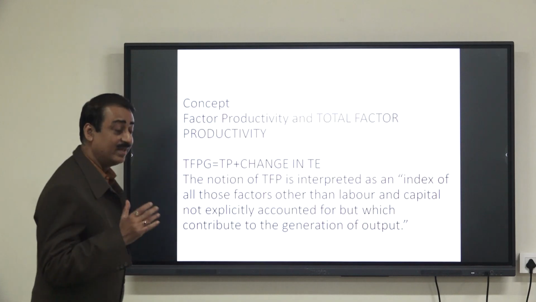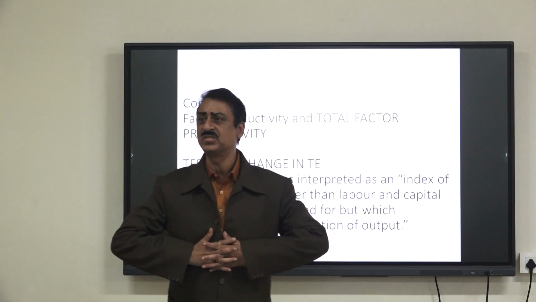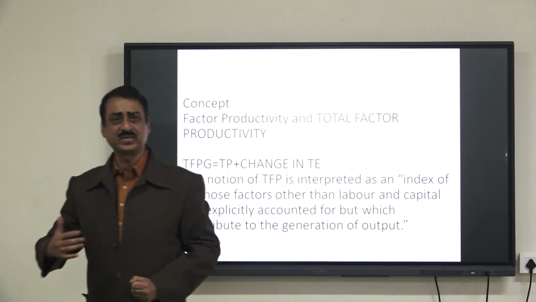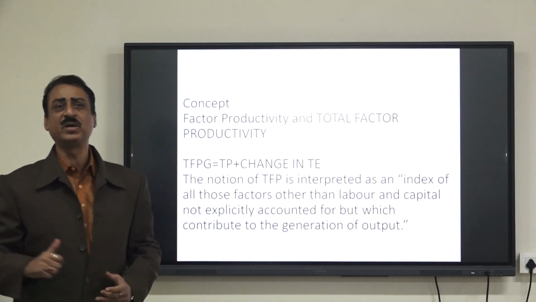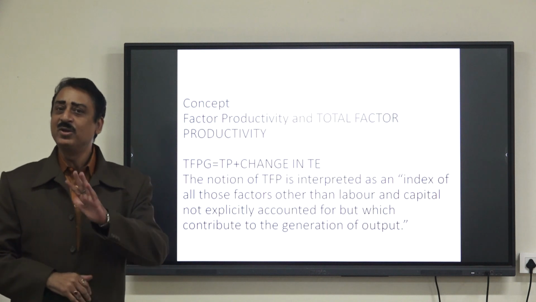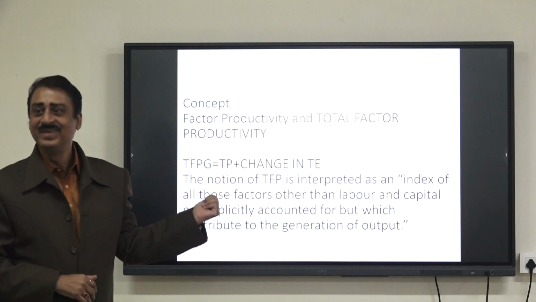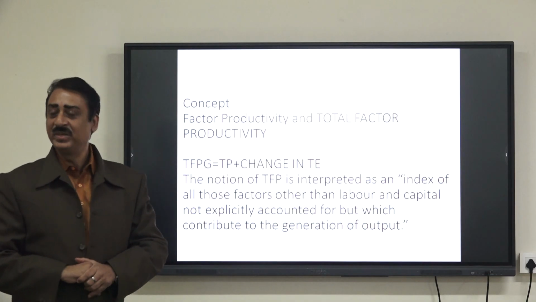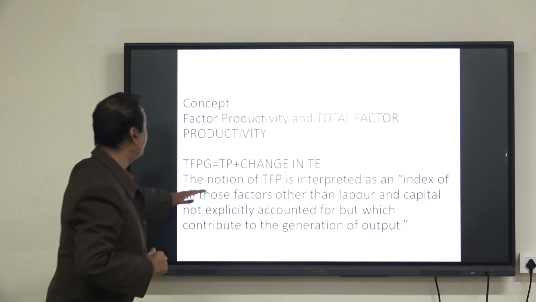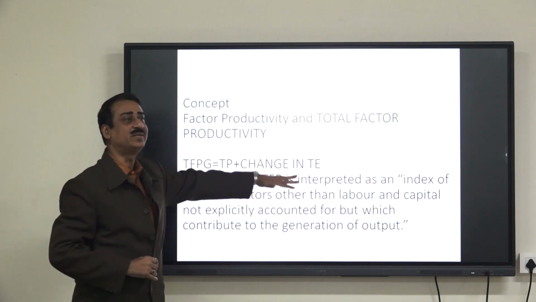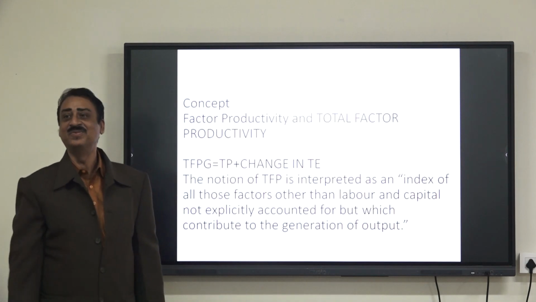So we are saying economic growth must shoot up. We must work on strategies to maximize our economic growth. But economic growth maximization does not solve the problem of the developing countries, because you may be experiencing technological progress, but your technical efficiency may be coming down.